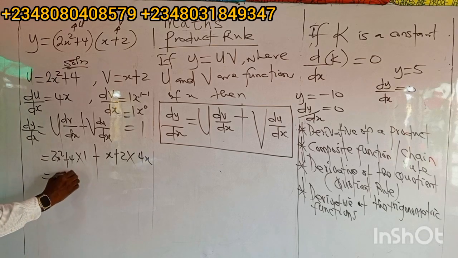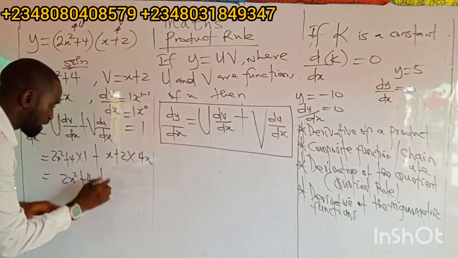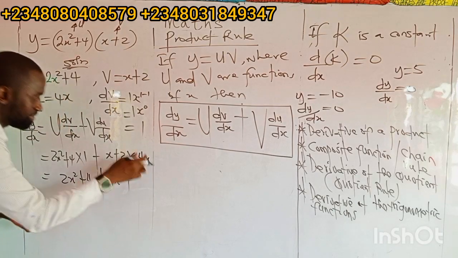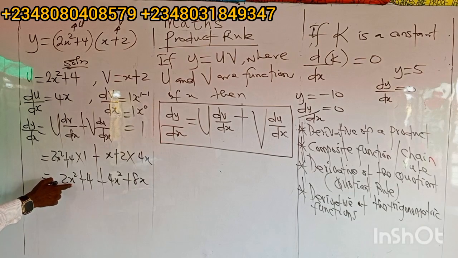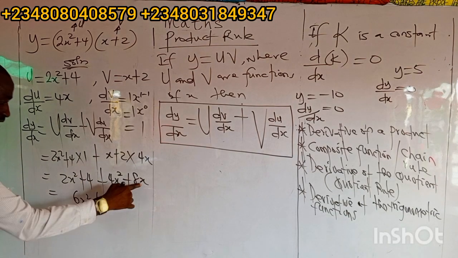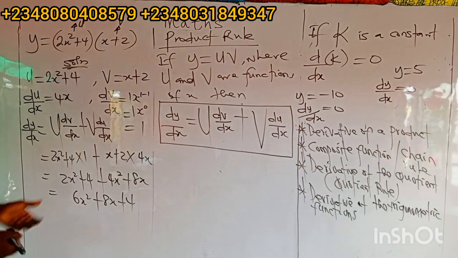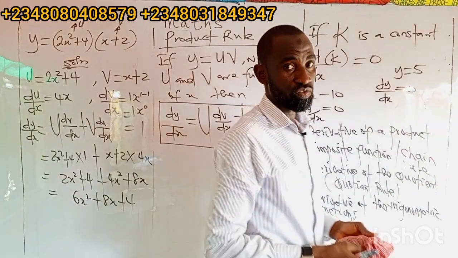So I have 2x squared plus 4, then plus, open this bracket, 4x times x, 4x squared, plus 4x times 2, we have 8x. So we now add everything: 2x squared plus 4x squared gives us 6x squared plus 8x plus 4. So the answer to this question is 6x squared plus 8x plus 4.